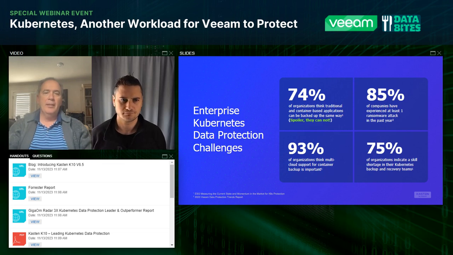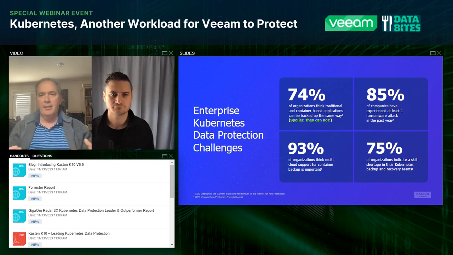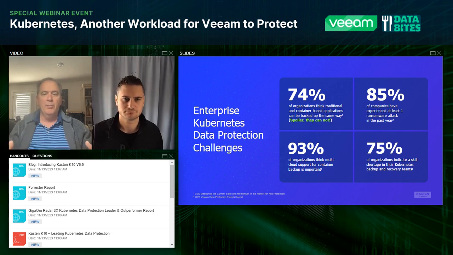And when you look at the 93%, a lot of times we have a tendency to believe that multi-cloud is selected by procurement. In reality, multi-cloud selects us, because we want to consume the service that is the best service available at the time, whether it's a business application, whether it's artificial intelligence, what have you.